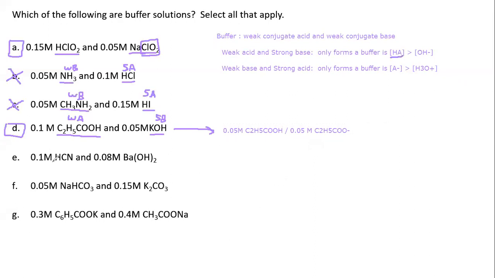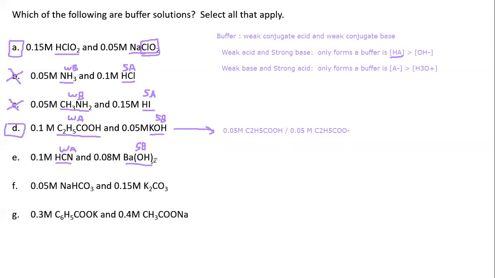Moving to E, we have a weak acid, HCl. We have a strong base, barium hydroxide. We ask the question, is the concentration of weak acid greater than that of the strong base? At first glance, it may appear so.